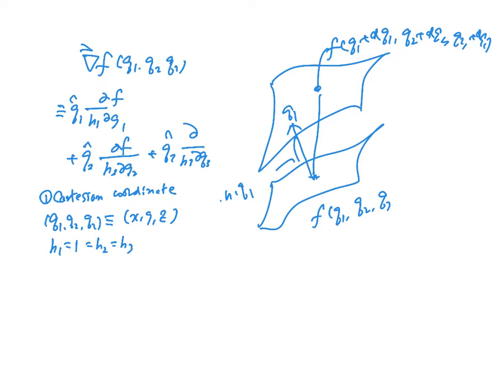So for Cartesian coordinate, the gradient, am I loud enough? Okay. So gradient of f(x, y, z) is x partial f over partial x, y partial f over partial y, z partial f over partial z.